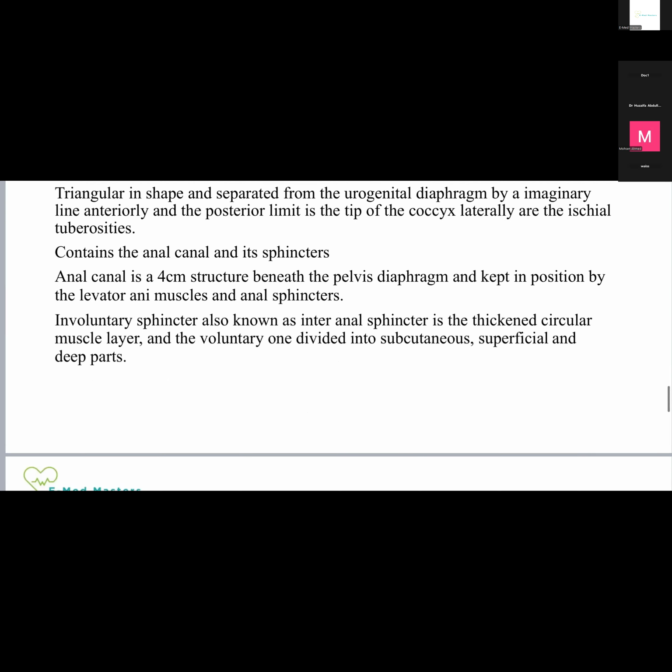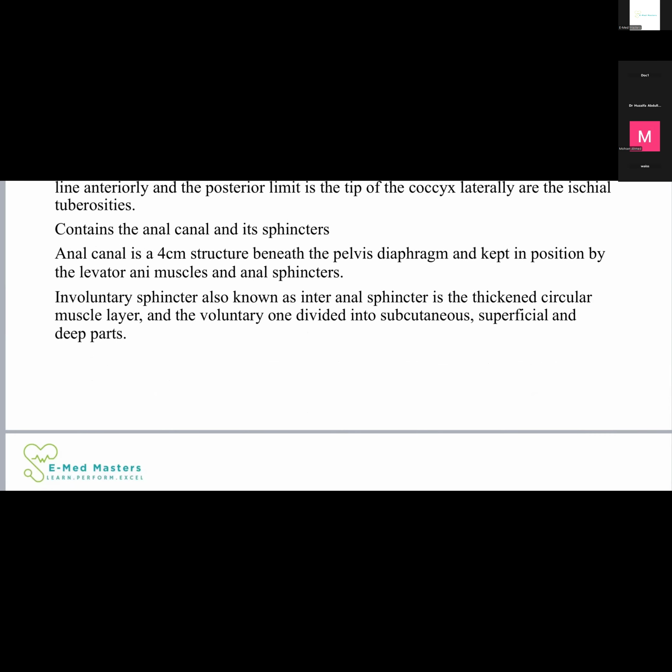So what is the anal canal? The anal canal is 4 centimeters in length. This is an important point. It is a muscular tube present beneath the pelvic diaphragm, and it is kept in position by the levator ani muscles and involuntary and voluntary anal sphincters.